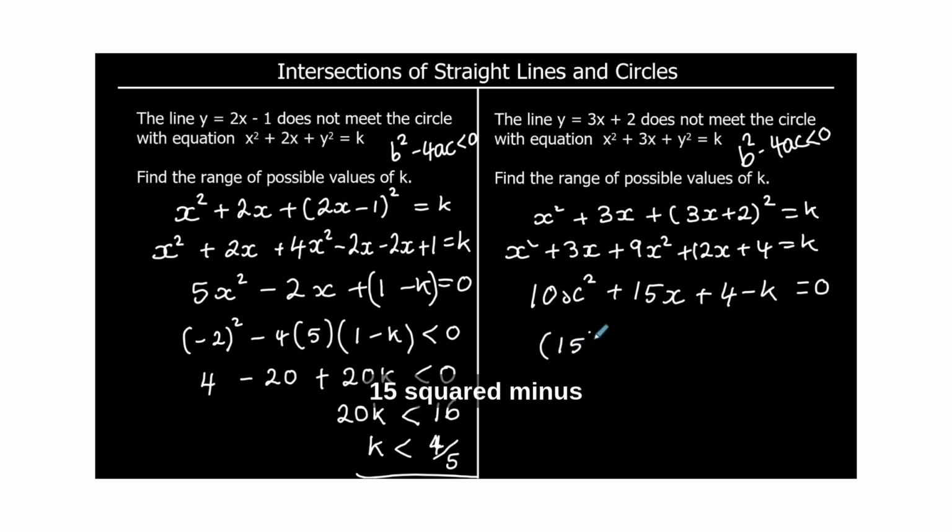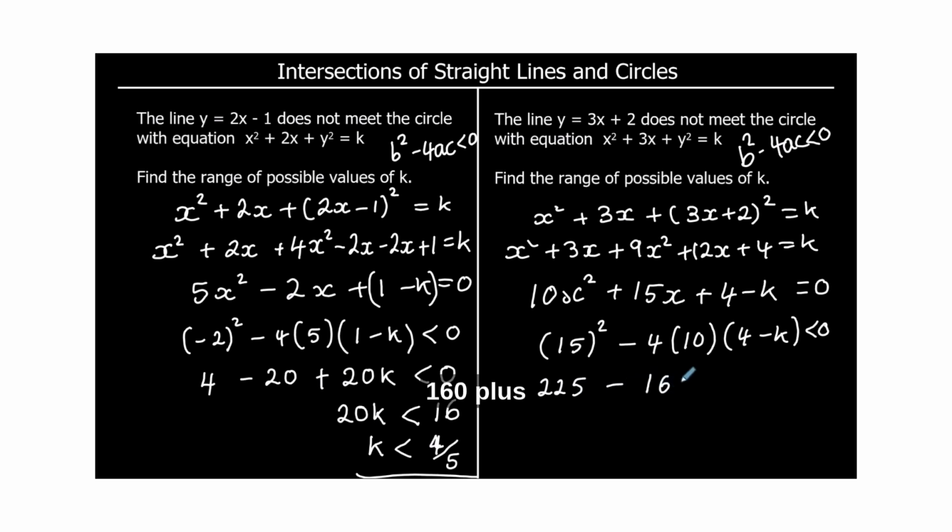So 15 squared minus 4 times 10 times (4 minus k) is less than 0. So 225 minus 40 times 4, minus 160, plus 40k is less than 0.